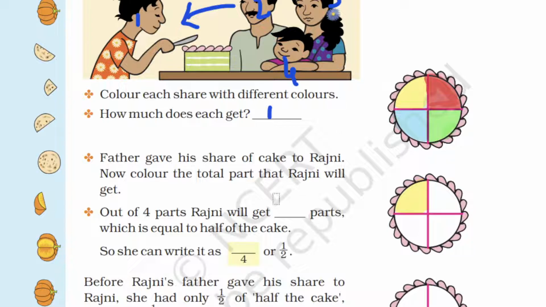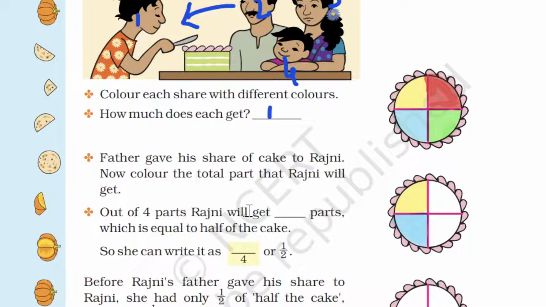Father shared his piece with Ranjini now. So father is blue color. Let me color blue. So now Ranjini is having two pieces of cake, and when you look at this whole image, she's having half a portion of the cake.